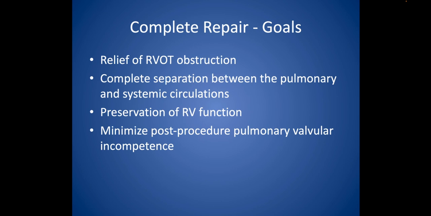If there's significant vascular resistance, there would be a stress to that RV. What can we do to relieve or dilate the branch PAs, the valve, as well as the RVOT, and then minimize any post-procedure pulmonary valve incompetence? We'll talk a little bit more about the pulmonary valve insufficiency that may come about with the repairs.